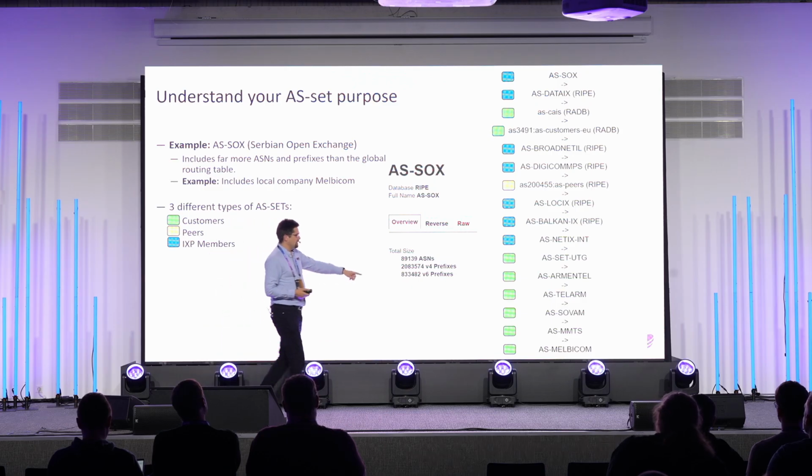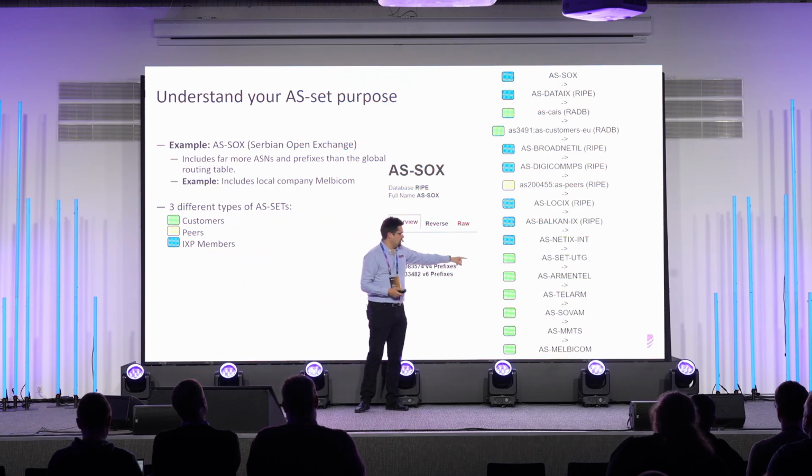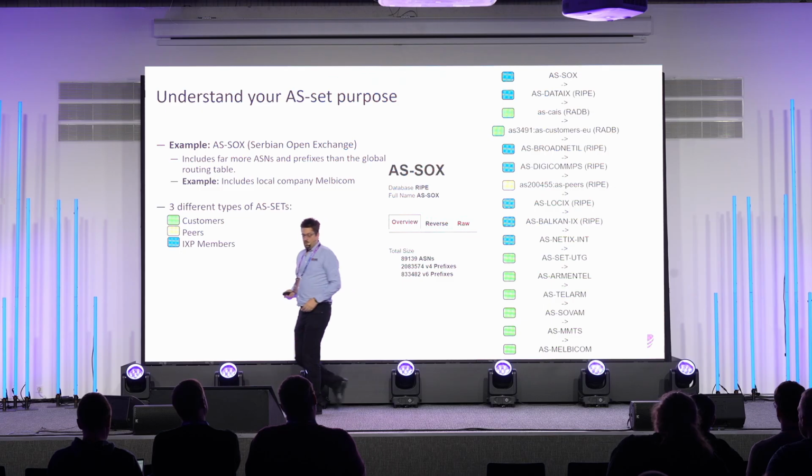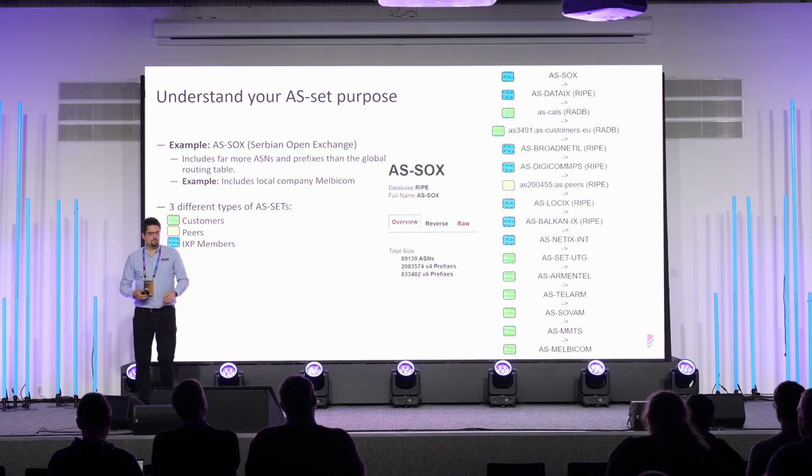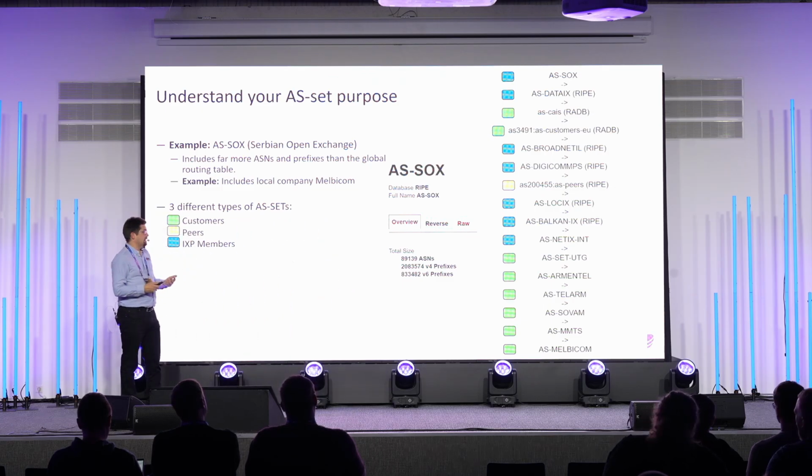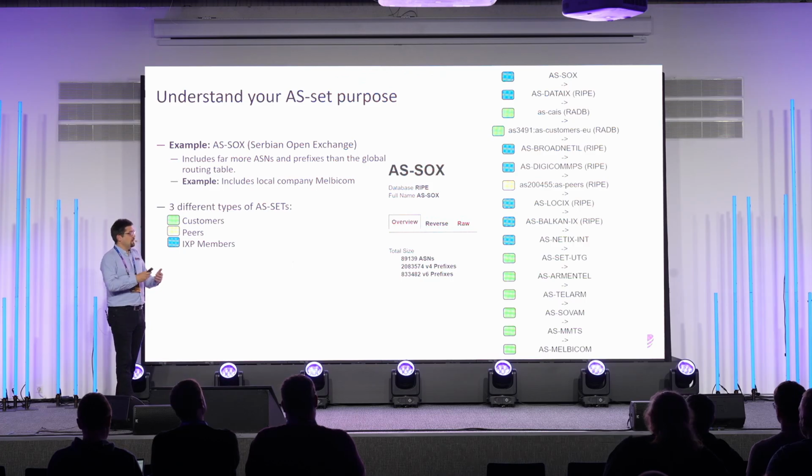And down here near the bottom, we have the Telecom Armenia. Somehow Melbicom is routed through them as well. And it just becomes, at least seen from the outside, one big giant mess of inclusions upon inclusions upon inclusions.